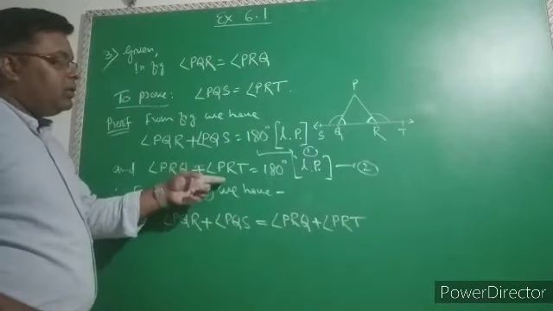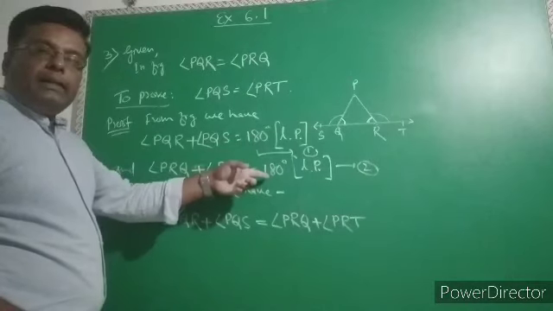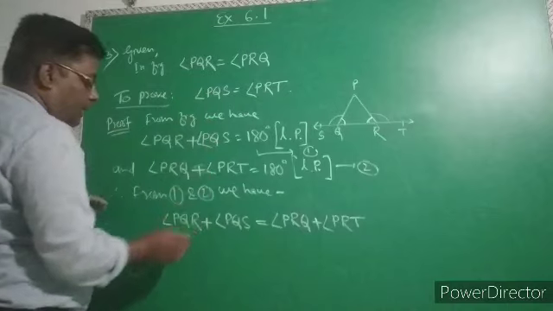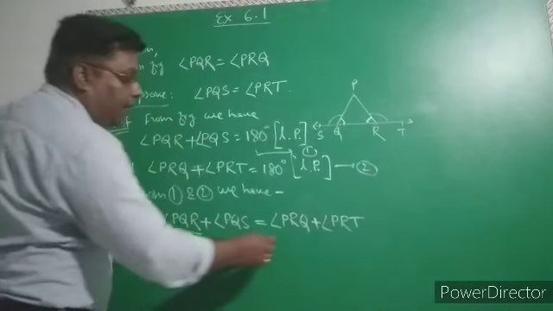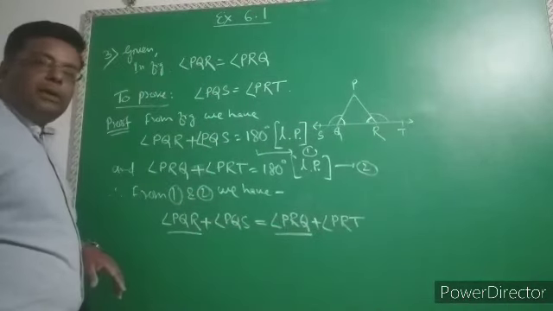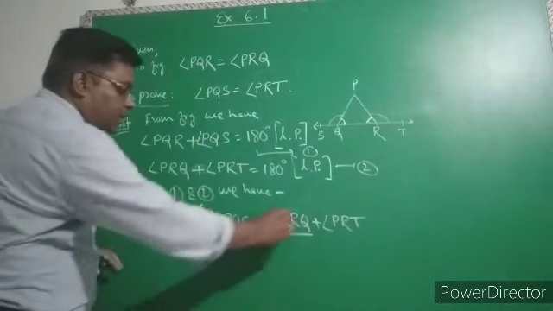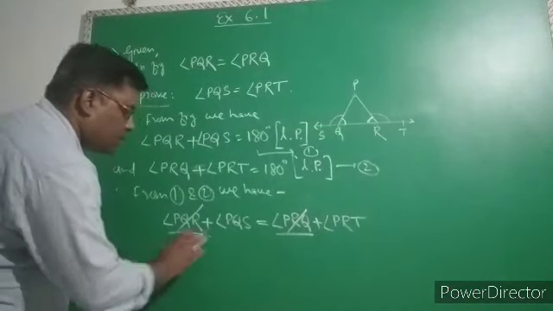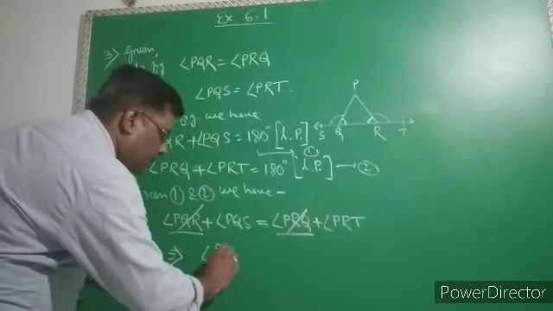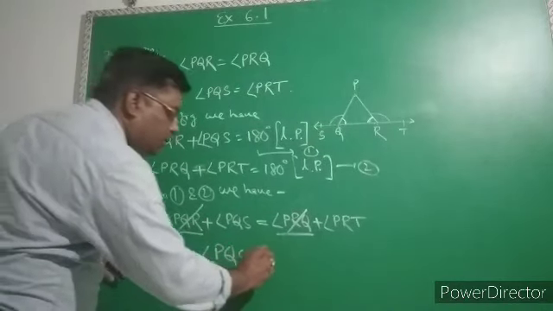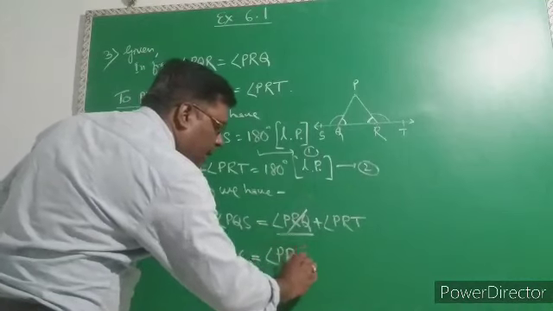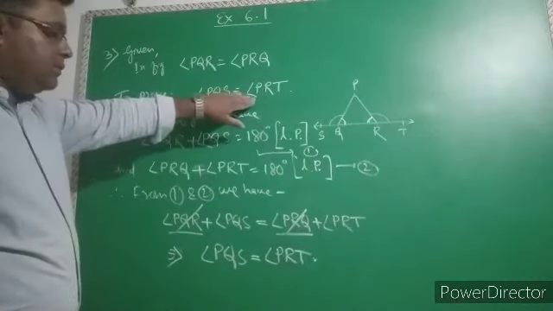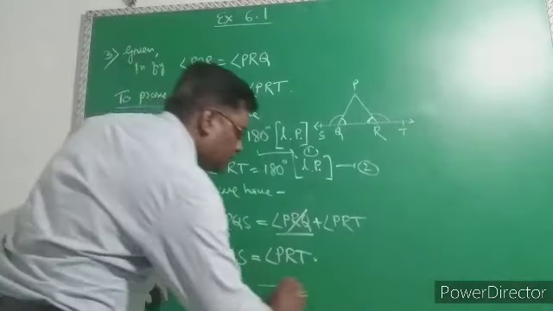But according to the question, PQR and PRQ are equal. That means we can cancel out these two. So from this we get angle PQS is equal to angle PRT. That is PQS is equal to PRT. Hence proved.